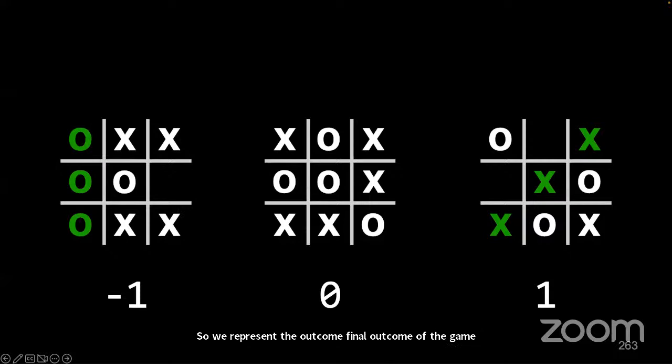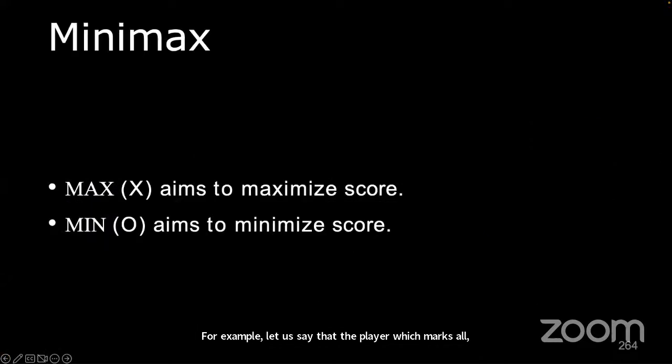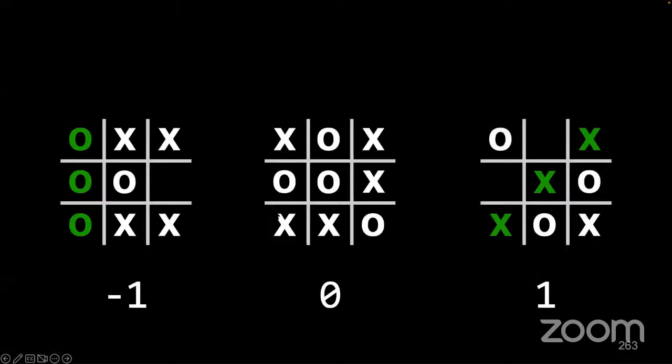For example, let's assume that if the O player wins, then we will denote it by -1.